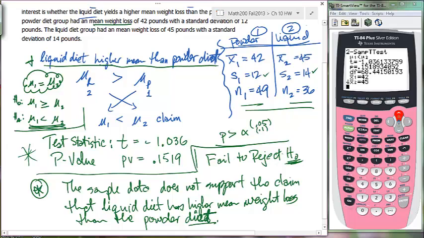And in failing to reject the null hypothesis, we were not able to support the opposite of the null hypothesis, which is the alternative hypothesis, which happens to be our claim. So this would be a good set of wording to explain our results in non-technical terms.